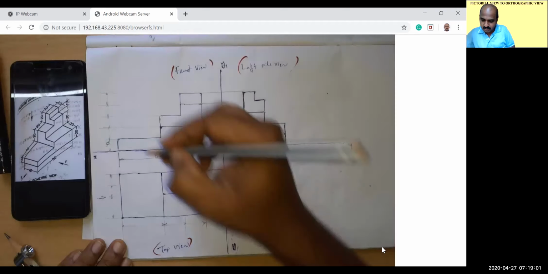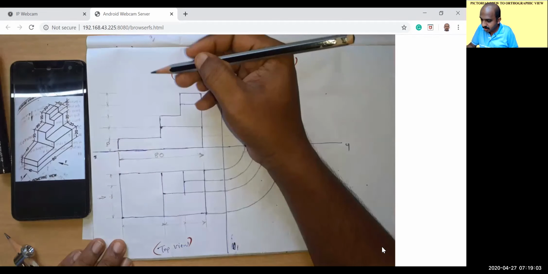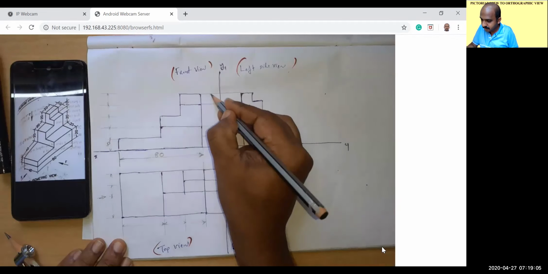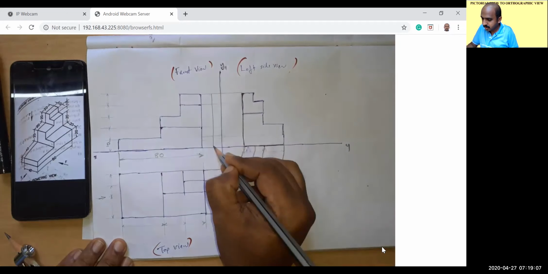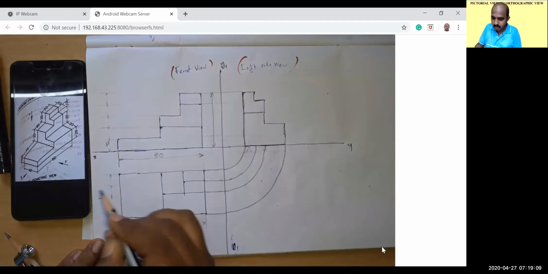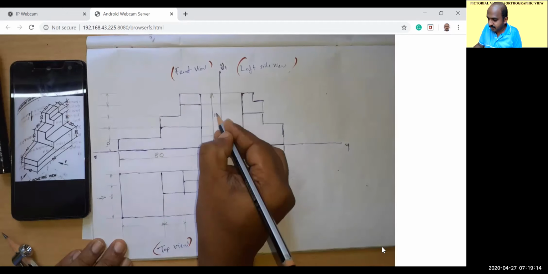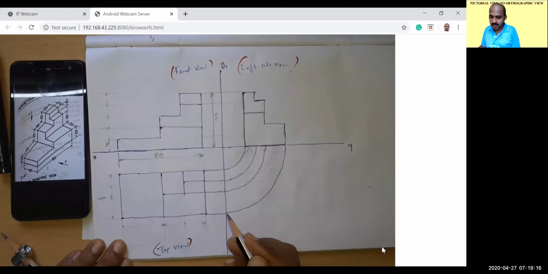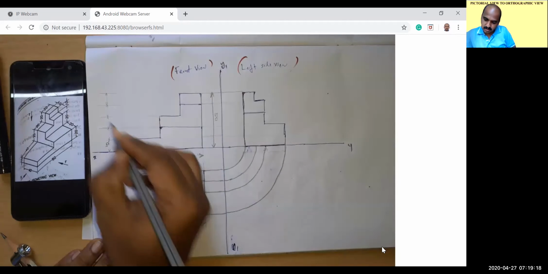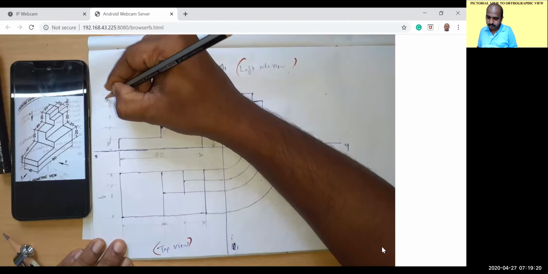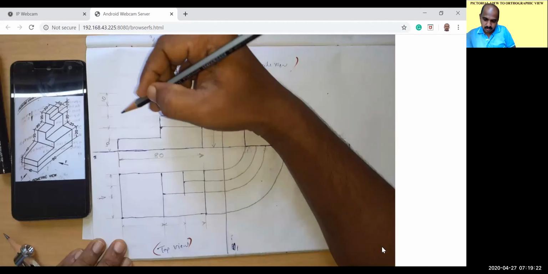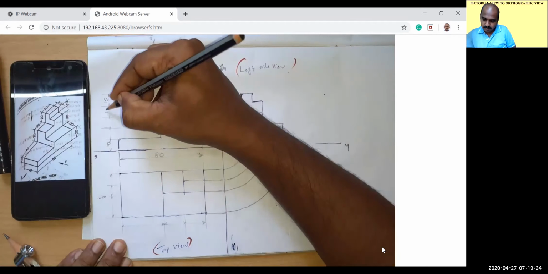And what about this again? So this total height. What is the total height? 20 plus 20 plus 10 is equal to 50. What about this height? This is equal to 10. On another dimension, this is equal to 10.